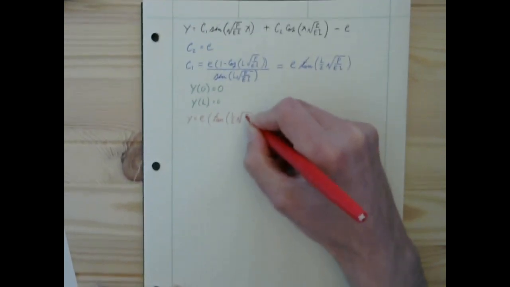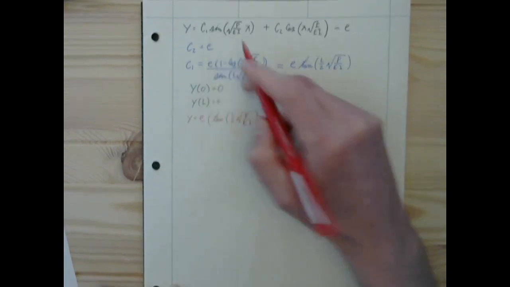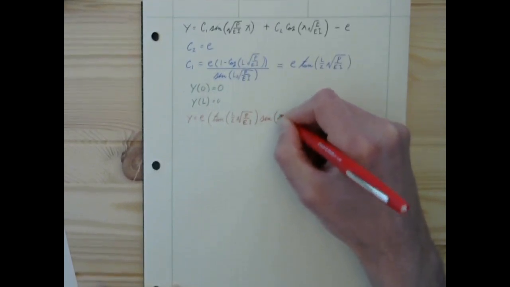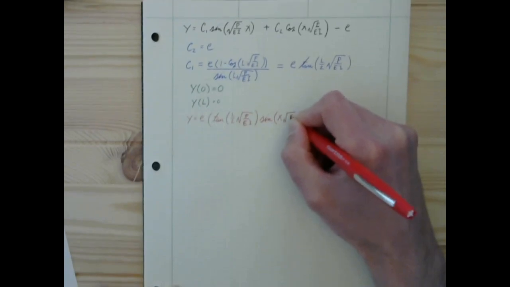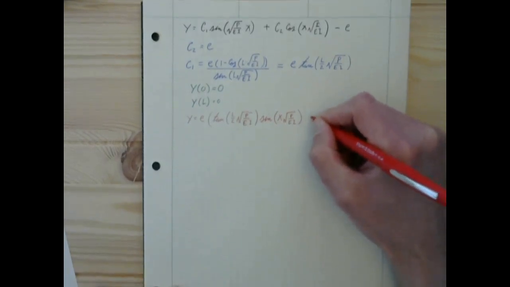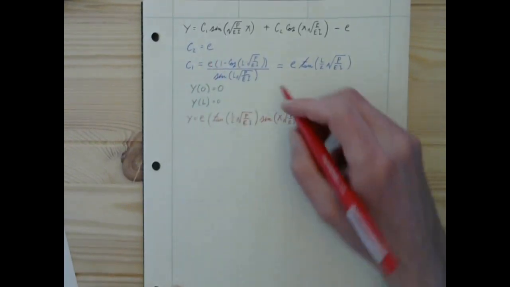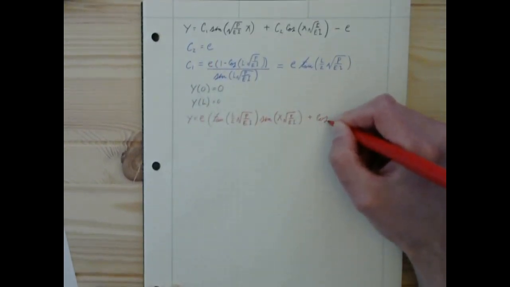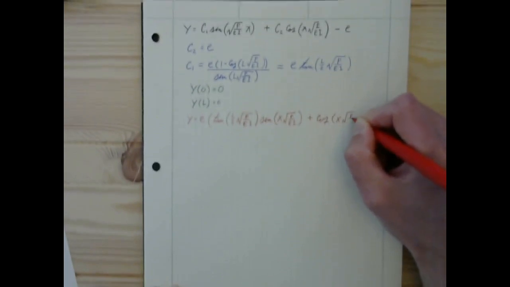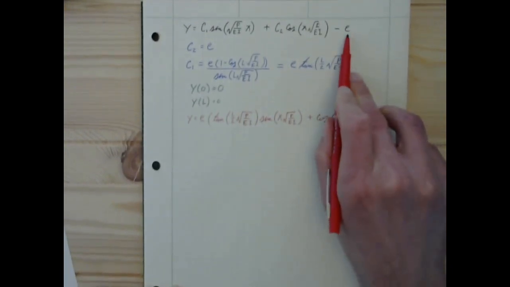square root of P over E I, times the sine of x times the square root of P over E I, plus, E is already on the outside there, plus the cosine of x times square root of P over E I, minus 1 for that right there.